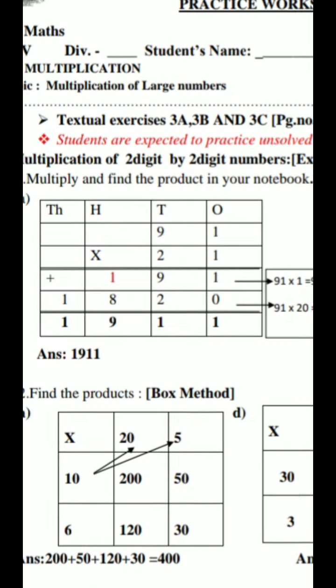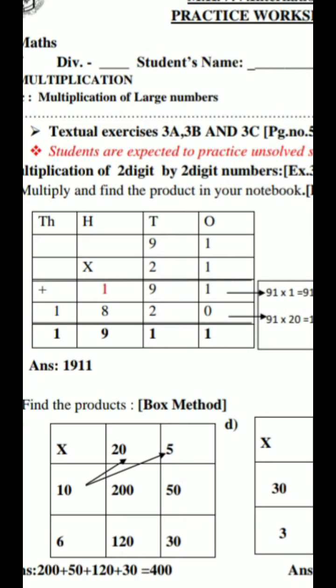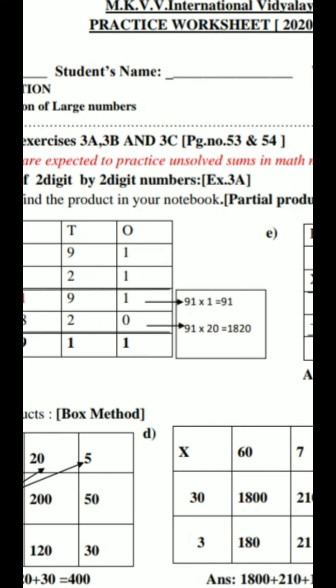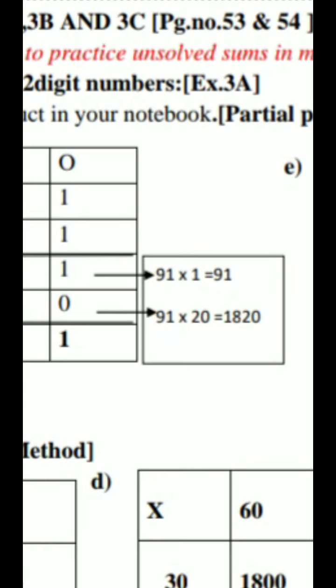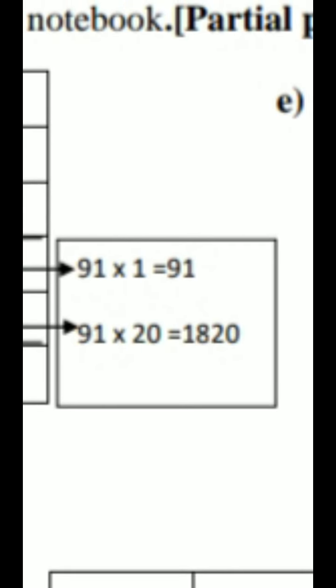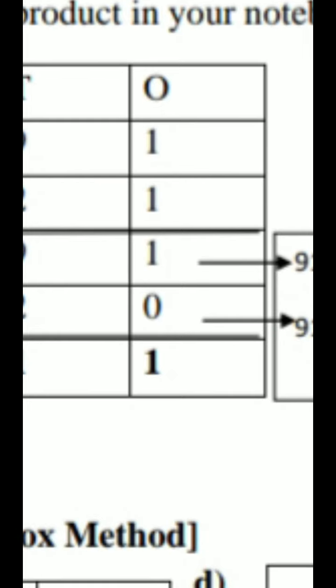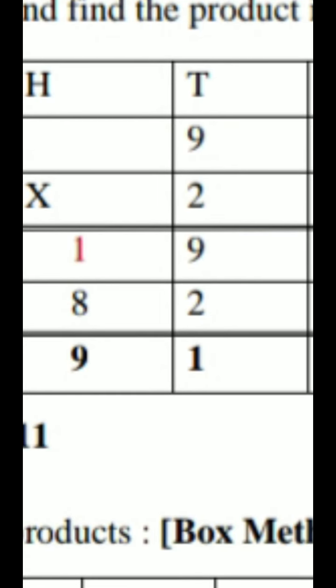See here students, I have shown you one demo of this sum. 91 is multiplied by 21. You have to take out the single digit multiplication with the 91. See here, 91 multiplied by 1 is 91. So you will write in the first column 91.